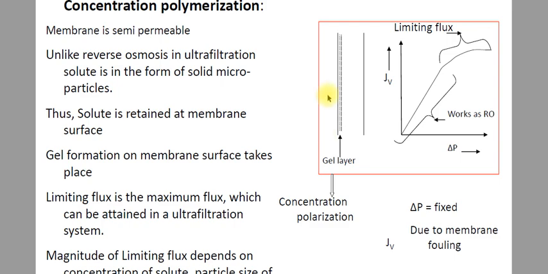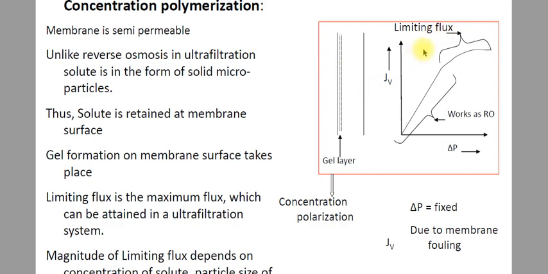You can change the temperature, you can change the pressure, or you can increase the turbulence inside the system by increasing the flow rate or by using some other method. You can remove this gel layer without stopping the process.